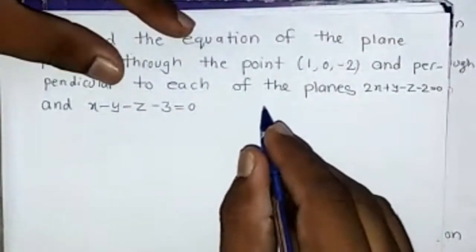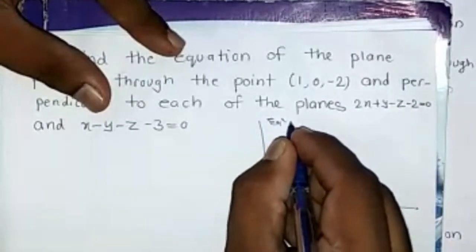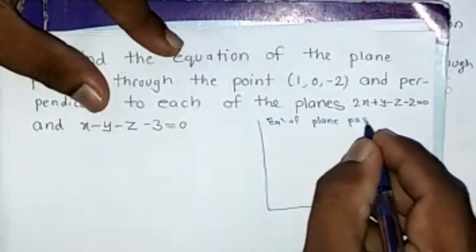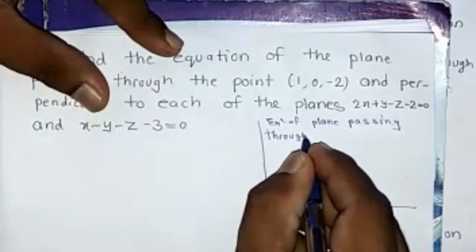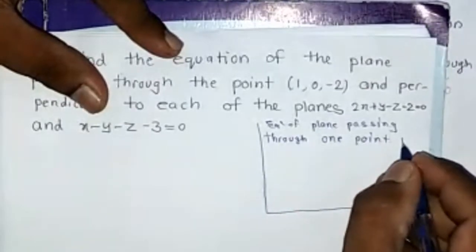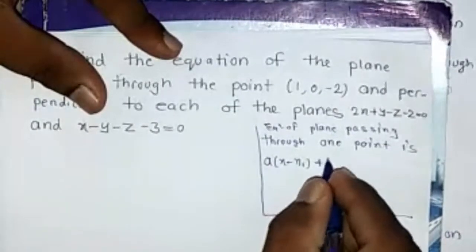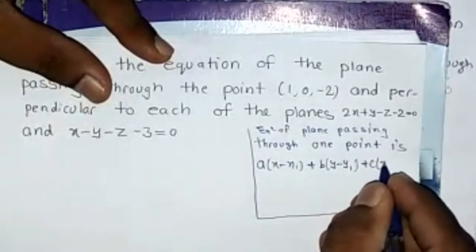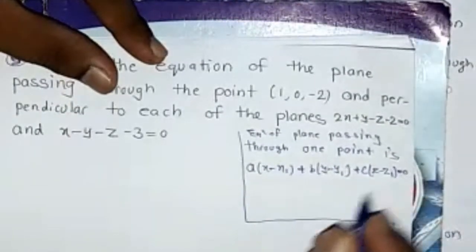We know that the equation of a plane passing through one point is a(x - x1) + b(y - y1) + c(z - z1) = 0.